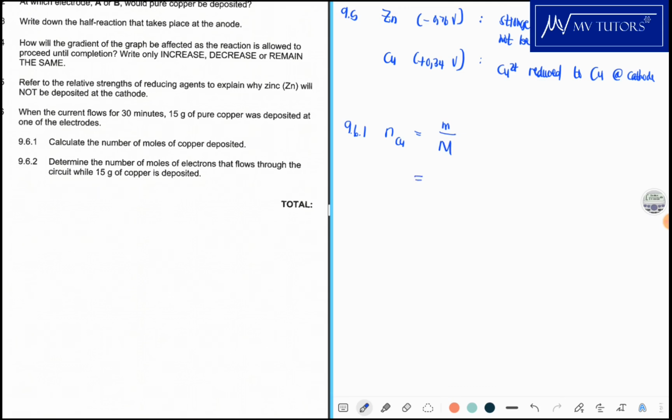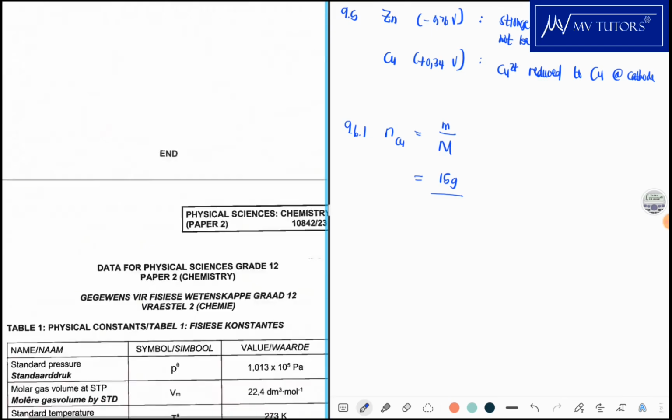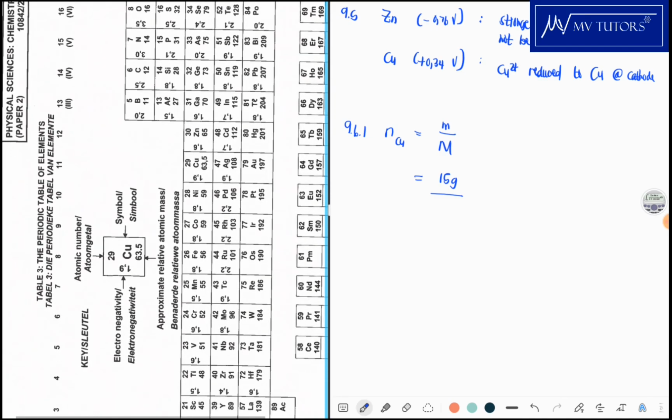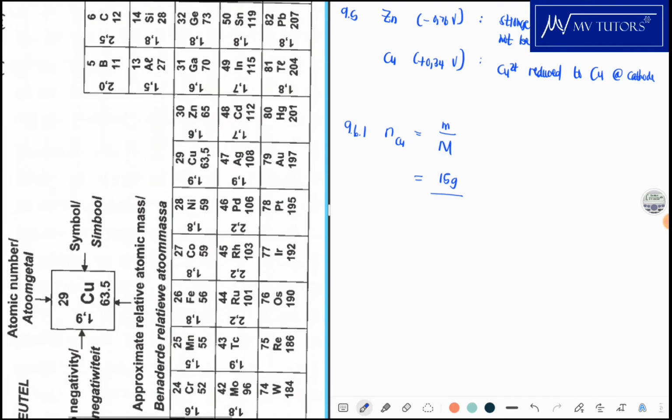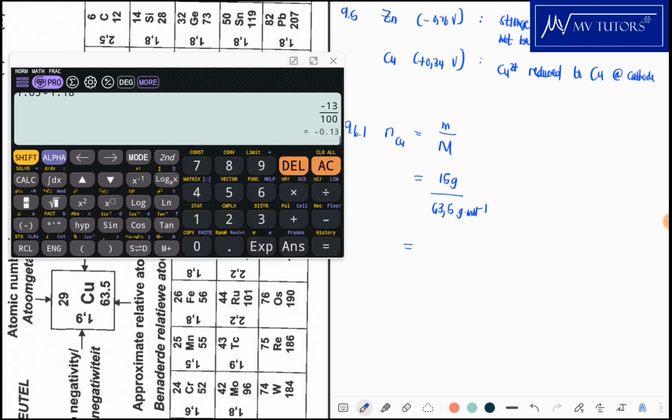The mass they told us about is 15 grams. If we have a look at the periodic table, copper has 63,5 grams per mole. So the number of moles that we get is 15 divided by 63,5, and that is 0.24 mole.